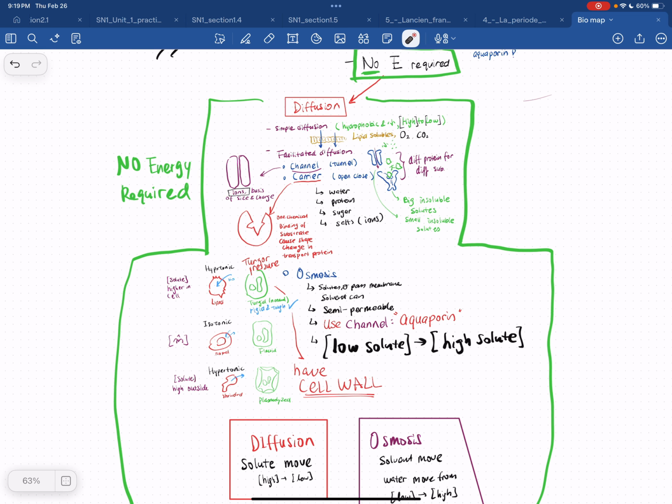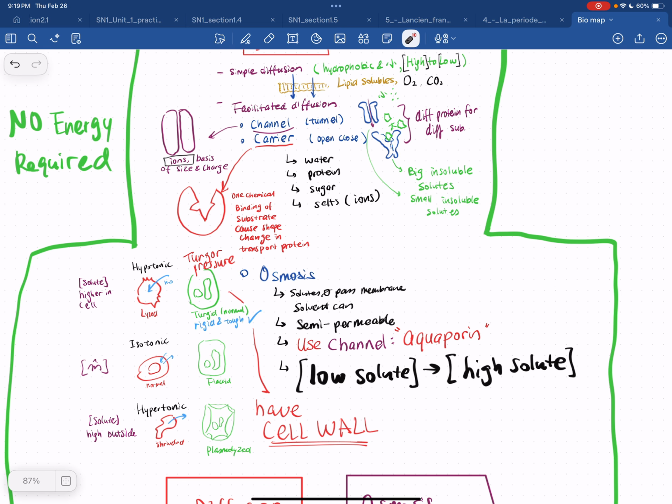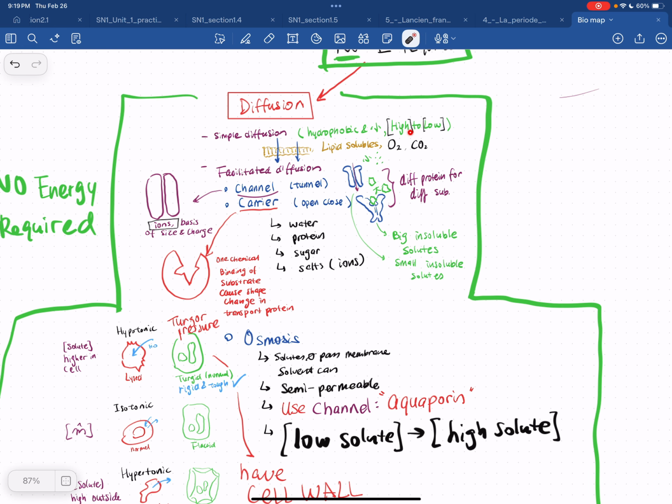So coming back to simple diffusion, we just talked about that. Remember that the concentration gradient means that anything at a higher concentration will want to go to the lower concentration. That just happens. Carriers are the ones that open and close. Channels are tubes. Remember that.